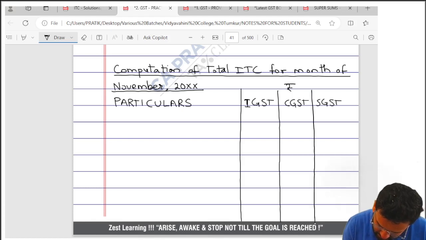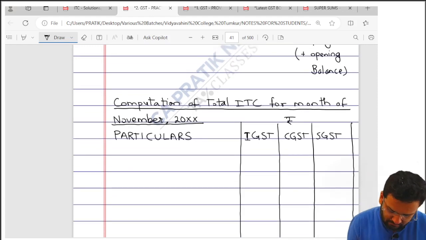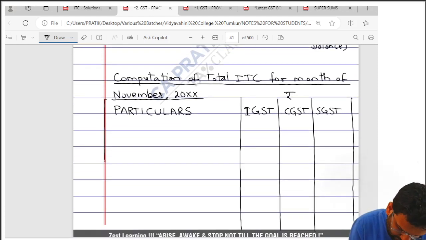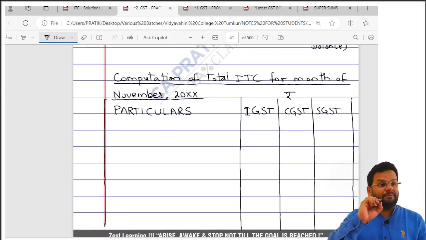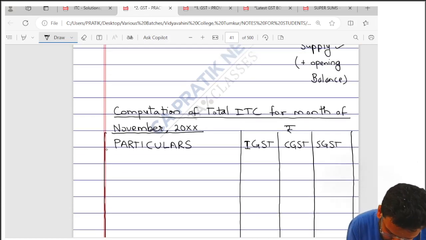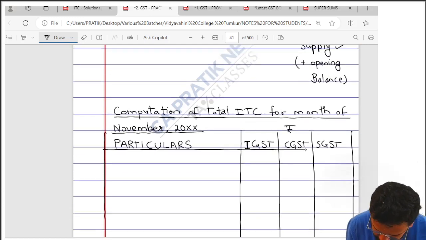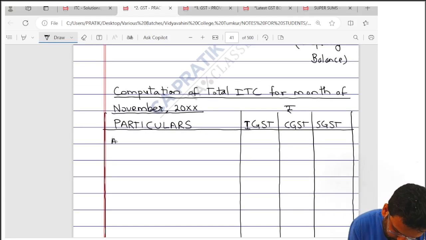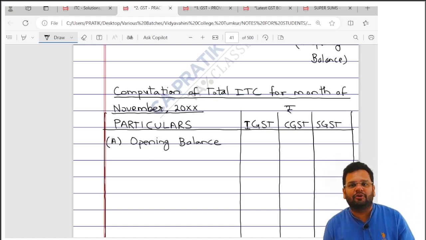Can you tell me what are the opening balances? How much? Be careful. Opening balance. What is opening balance of IGST?